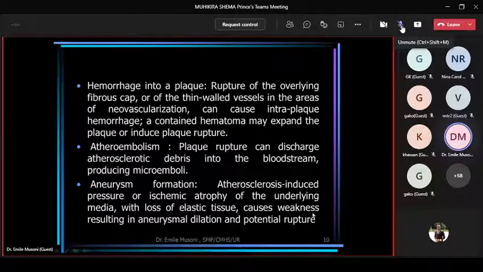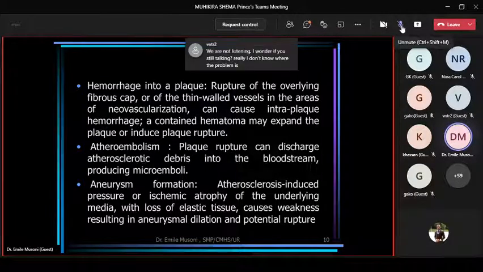This can cause weakness, resulting in aneurysmal dilatation and rupture. So in the case of the aneurysm, there is abnormal dilatation of the blood vessel due to the loss of elasticity. The main problem of the aneurysm is that it can cause rupture of the blood vessel, and when it is the aorta, this is immediate death.